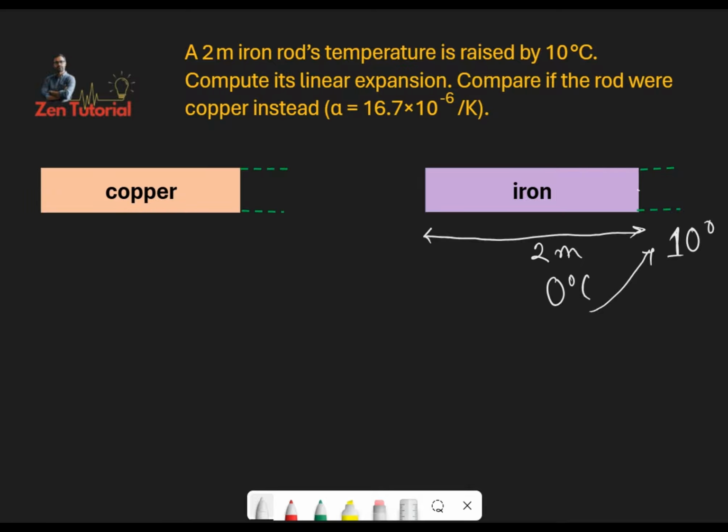So how much is the expansion, del L, that we have to calculate, as well as for the copper. It was initially 0 degree Celsius and 2 meter, and the temperature rises up to 10 degrees Celsius. This amount of length expands. So this is copper, and here iron, Fe.